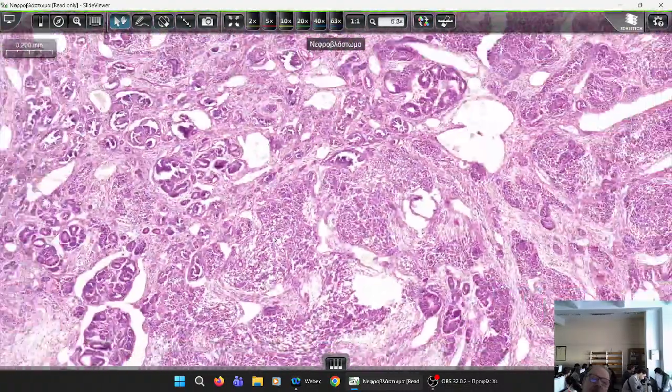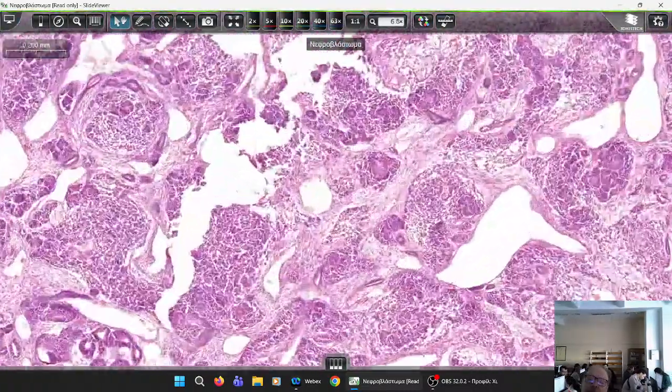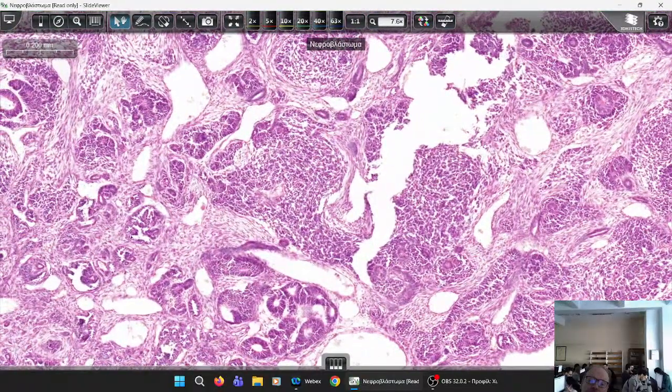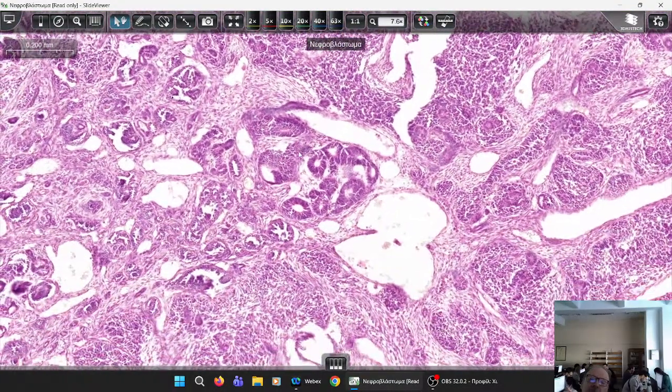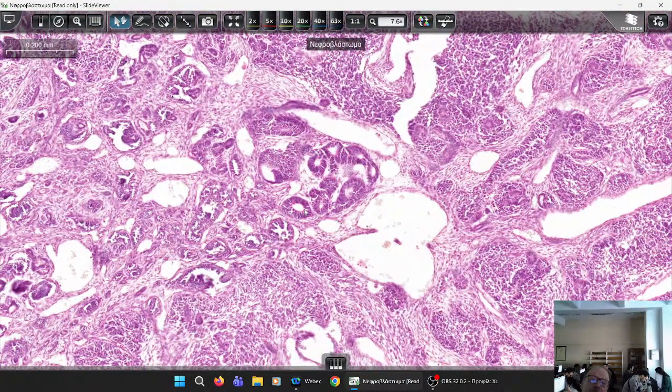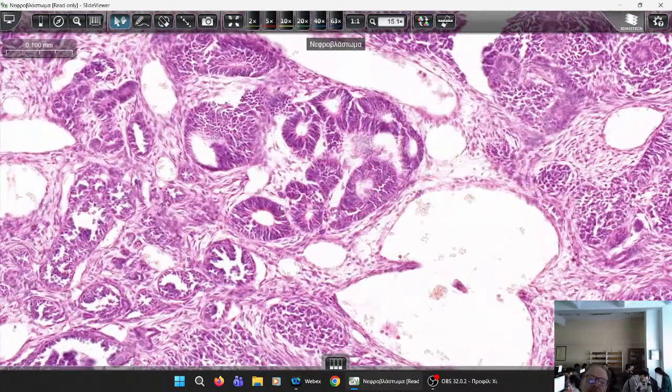Here is the more undifferentiated component, the blastema component, and here we have another component which consists of these structures. Can you tell me what this component is based on the morphology of the structures?